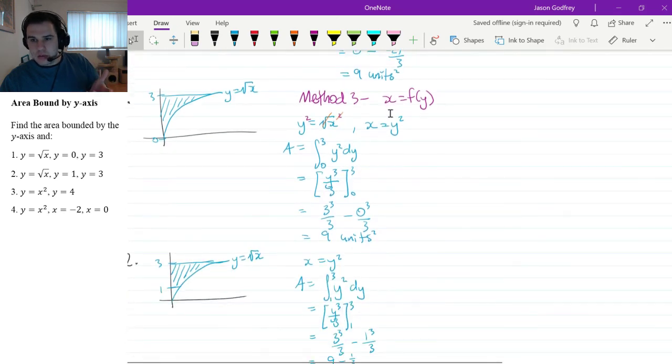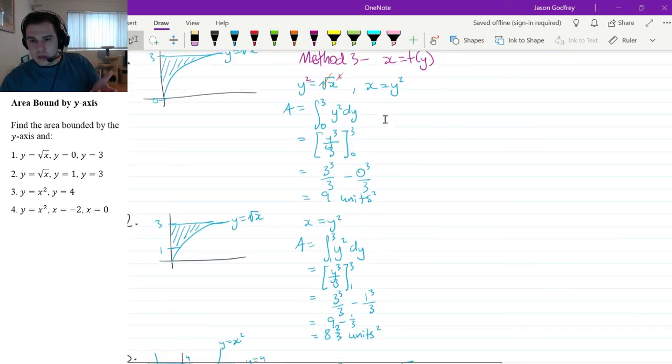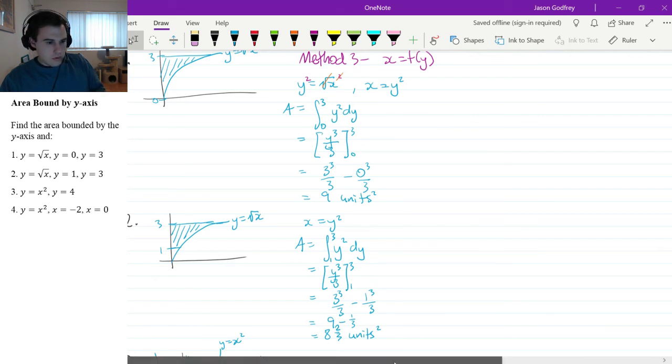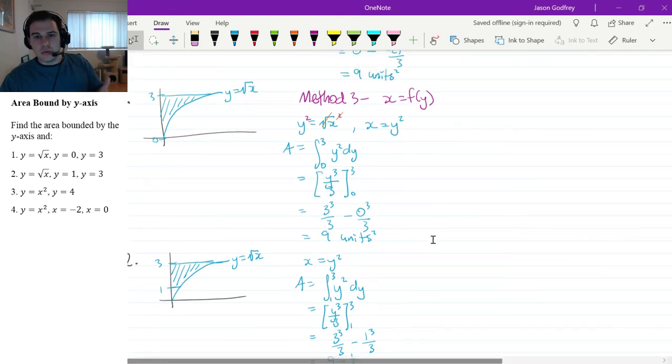But you can still do it like this, basically doing the same process, once you've identified x as a function of y instead, and then it's just a definite integral.